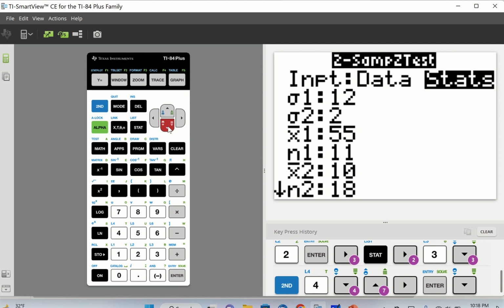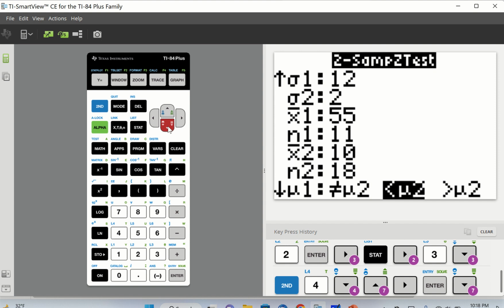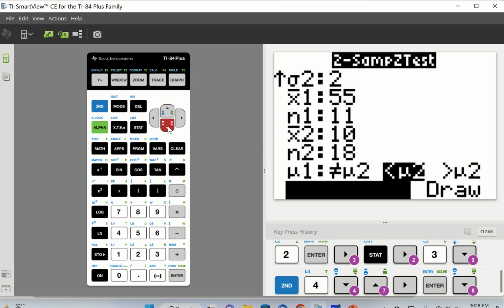Scroll down, and the rest is the same. You would need to enter the direction of the test and come down to calculate or draw again.